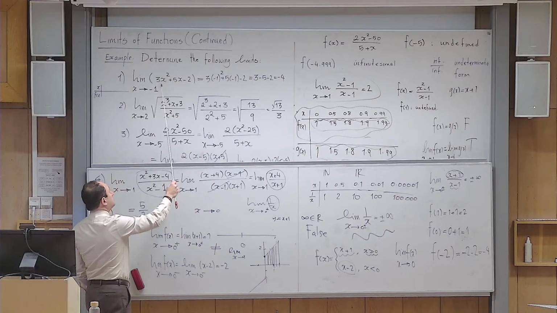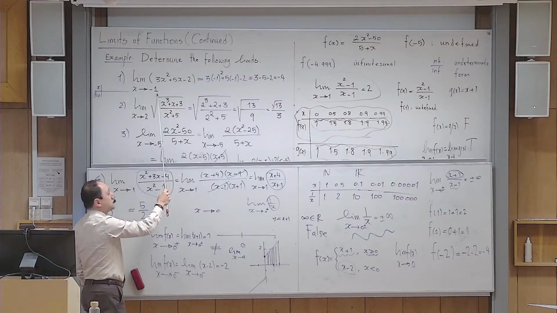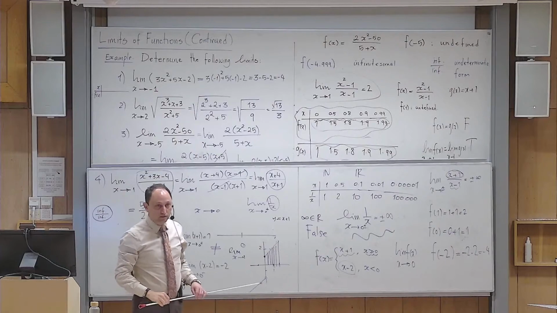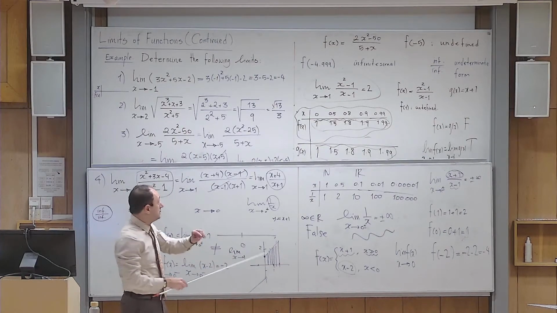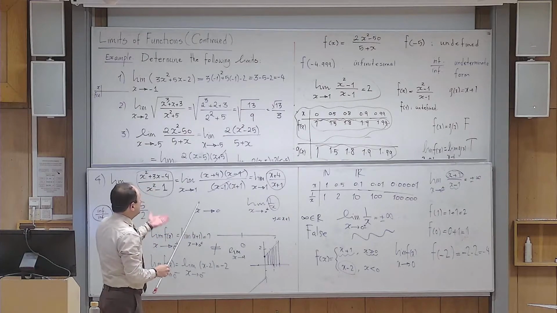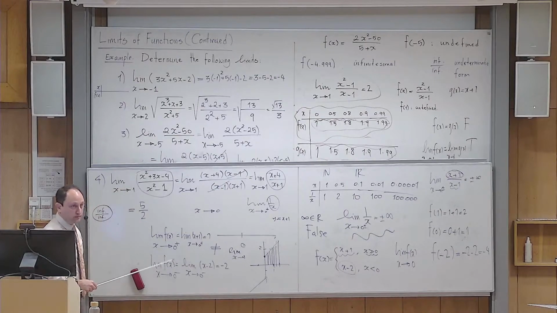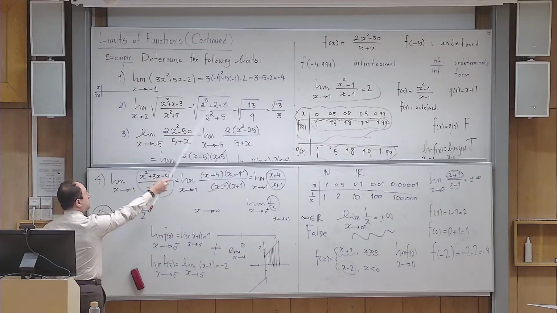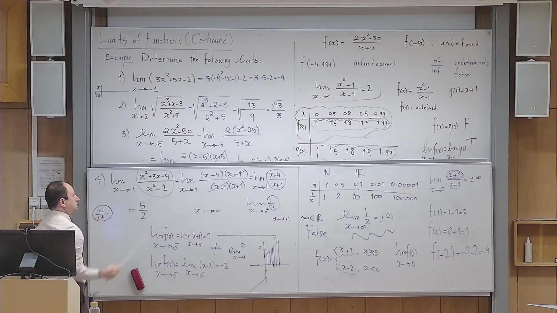It means that if you draw the graph of this function and look at the graph close to -1, you do not see any breaking. Okay, that's the meaning. If the value of the function coincides with the value of the limit, it means that the function close to that point is continuous. Okay, so the first type of limits is just putting the number, facing no problems. That is your answer. These are two examples.